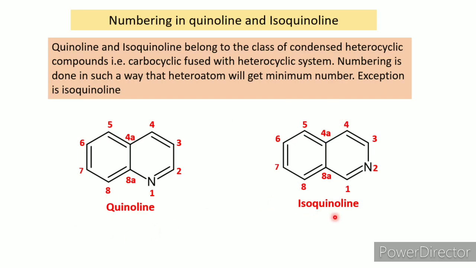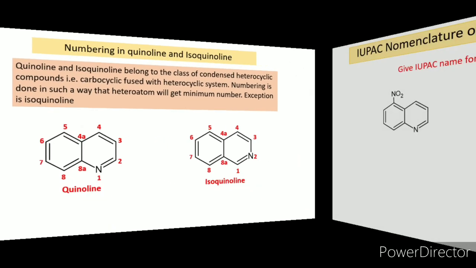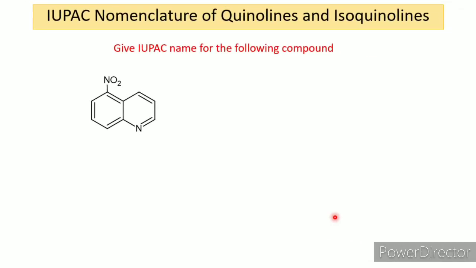Let's start with examples. Suppose this is my first compound and I want to name this. First you will see whether this is quinoline or isoquinoline. It is quinoline, as this nitrogen is next to the fused benzene. You know how to number this compound.